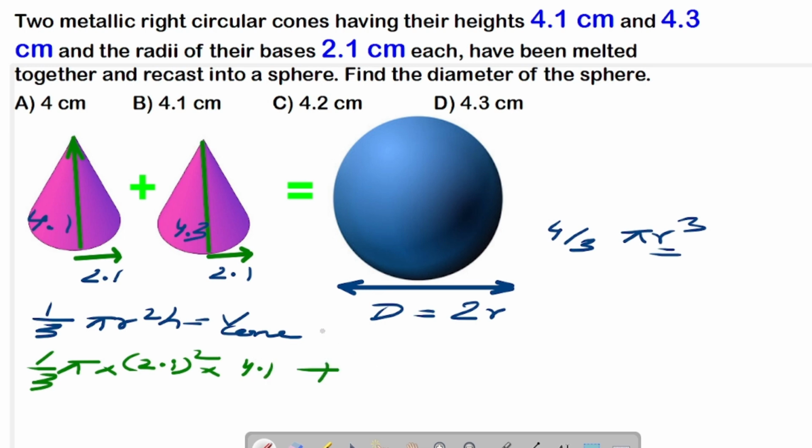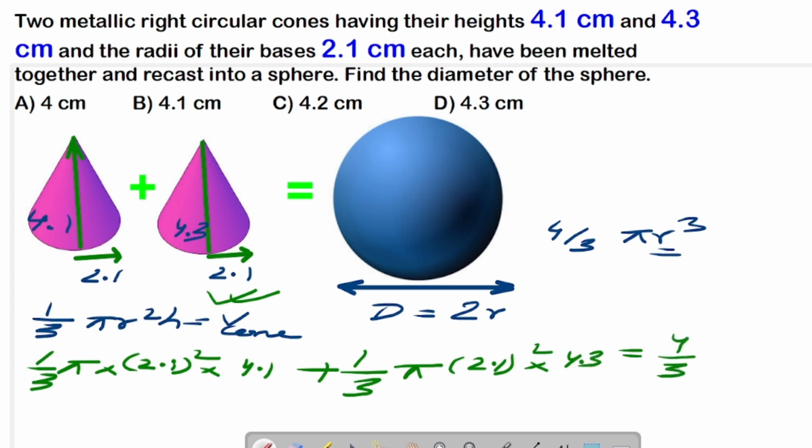This will be added with the volume of the second cone, that is 1 by 3 pi 2.1 square, h is 4.3, and this will be equal to 4 by 3 pi r cube, where r is the radius of this sphere, right?